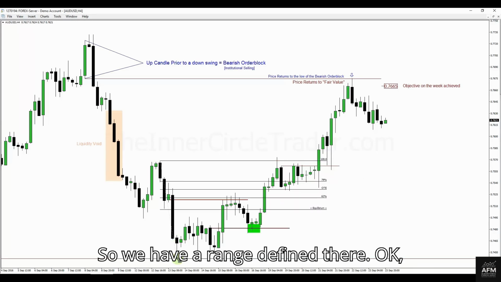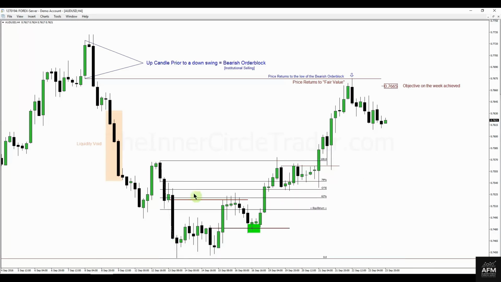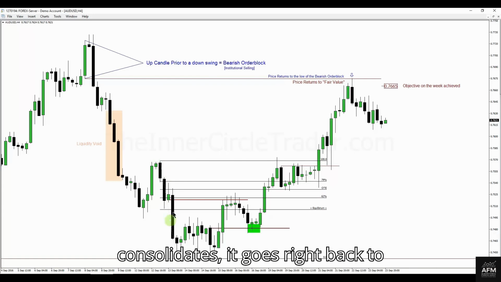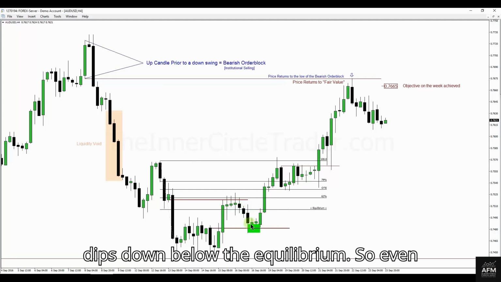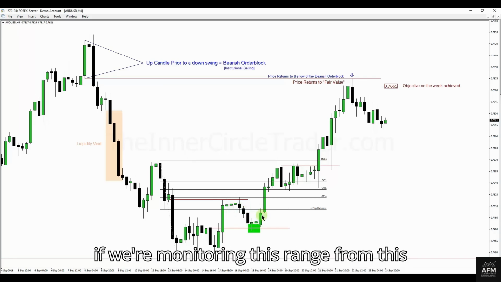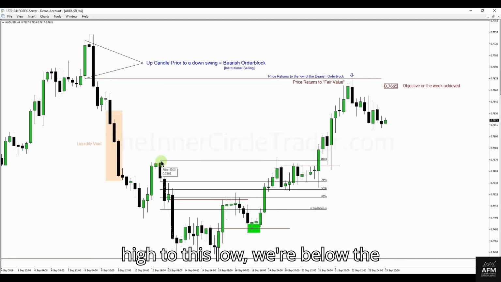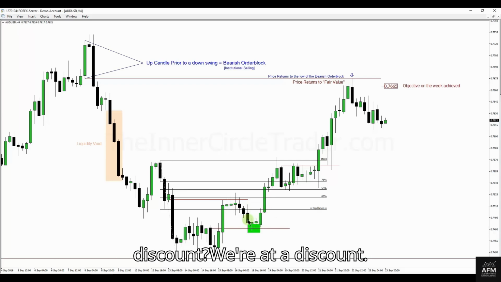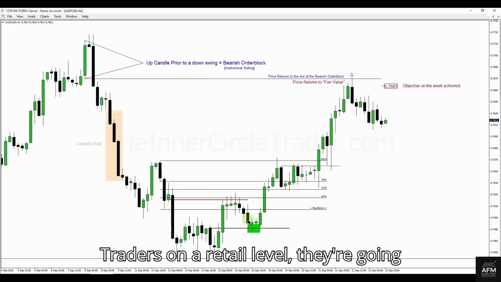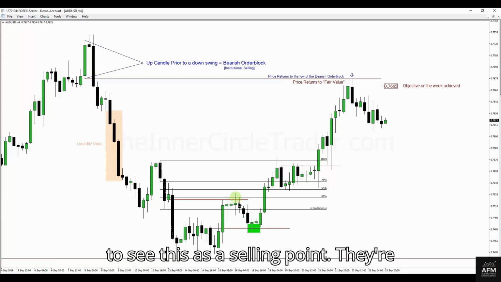So we have a range defined there, okay? The market's in this range here, consolidates, it goes right back to equilibrium, hangs around equilibrium, dips down below equilibrium. So even if we're monitoring this range from this high to this low, we're below the equilibrium price point. So are we at a premium right here, or are we at a discount? We're at a discount.